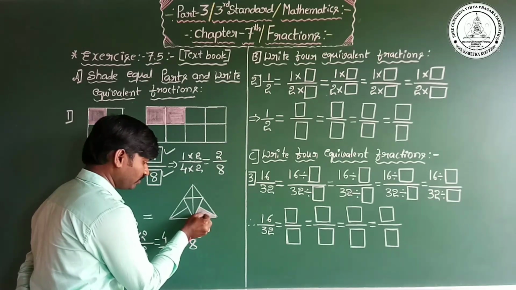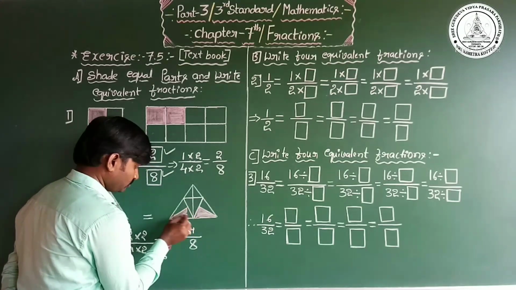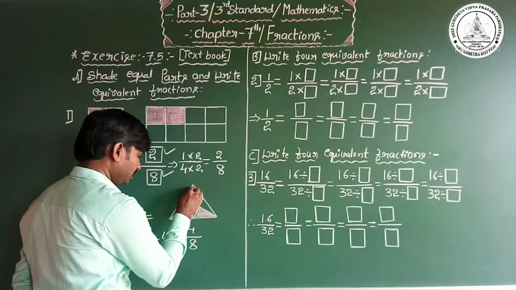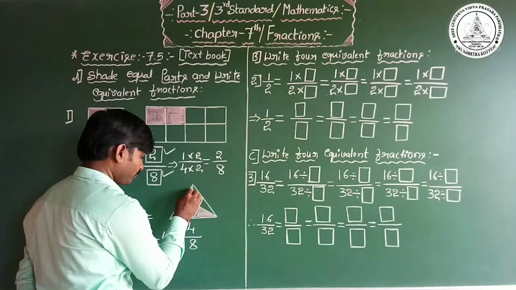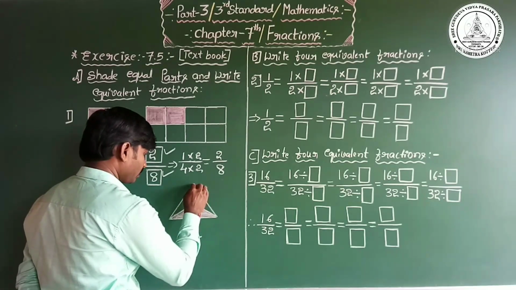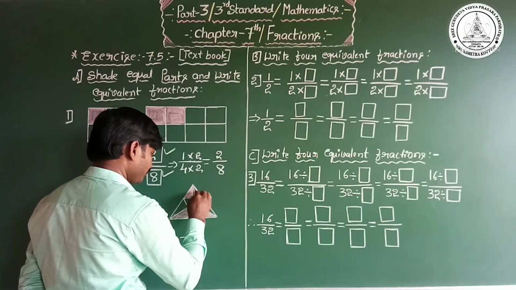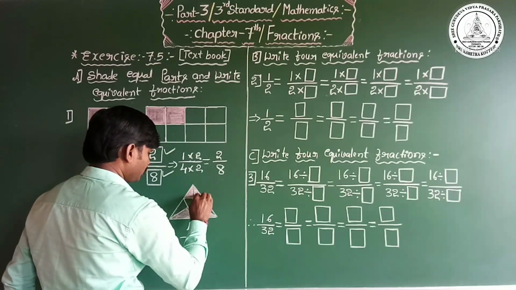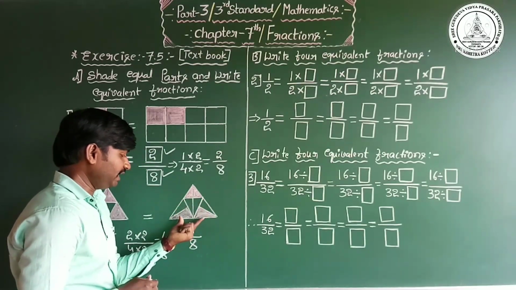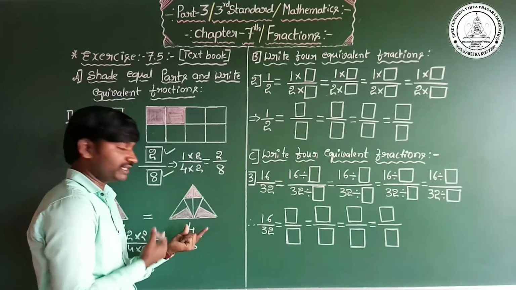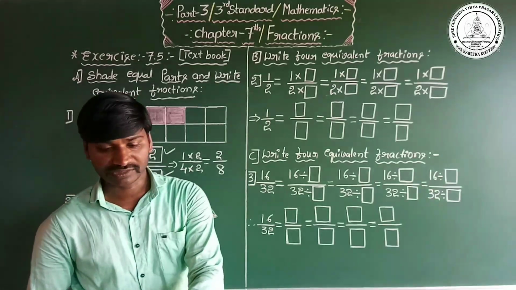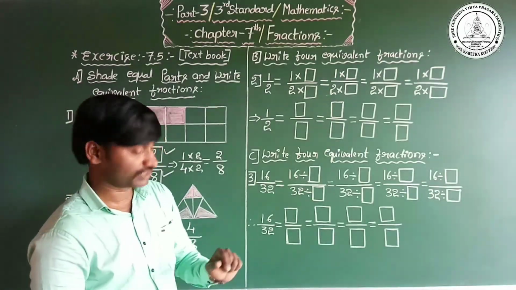Take any parts: 1, 2, 3, 4. Yes, dear students, that's clear? The given figure has 8 parts in total, and we need to shade 4 parts. Okay, clear? The rest, the third question, is your homework. Fill it in your textbook also.